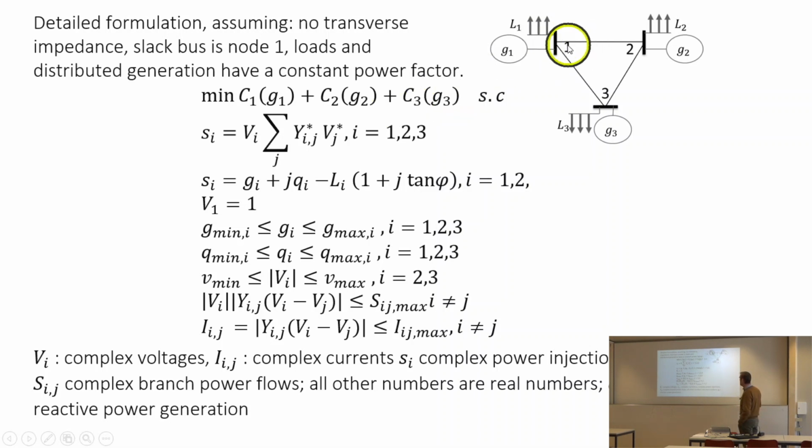And by power balance equation, it is also equal to the sum of the power that flows on all the lines here. And we know from admittance matrix equations, from the nodal form of the power injection equations, that it is equal to the complex voltage, so V here stands for complex voltage at bus 1, times the conjugate of the complex intensities that flows out of the node, which is the sum of the currents that flows from bus 1 to the neighboring buses.